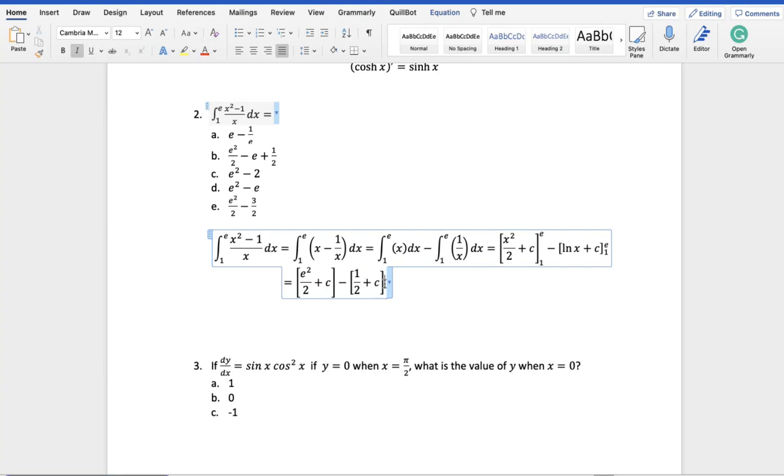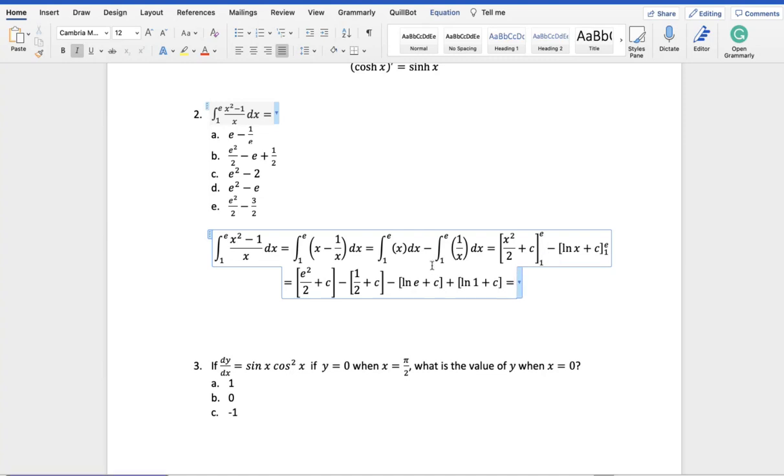That is subtracted from ln x plus c, evaluated at first the high limit, which is just ln of e. It would be minus minus, so it would become plus ln x plus c evaluated at 1, which is just ln of 1 plus c.